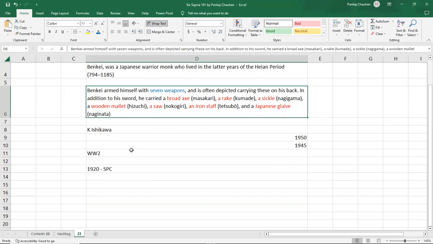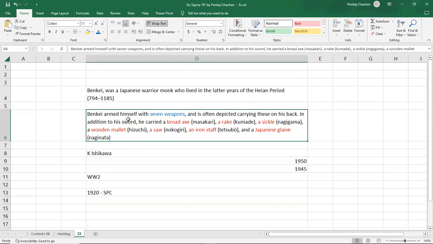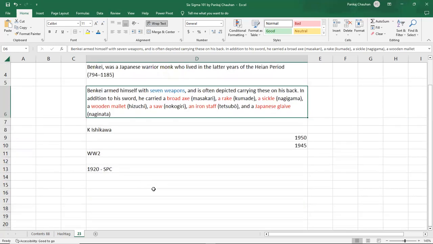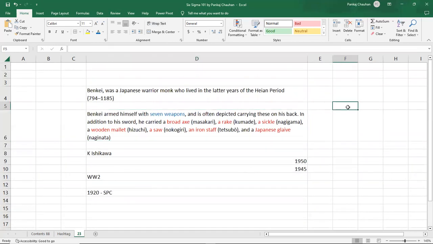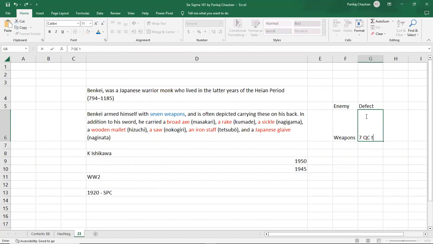that Benkei was the one who could kill the enemy. So who was the enemy? The enemy for the process was the defect, and the tool or the weapons for the process became the 7QC tool.